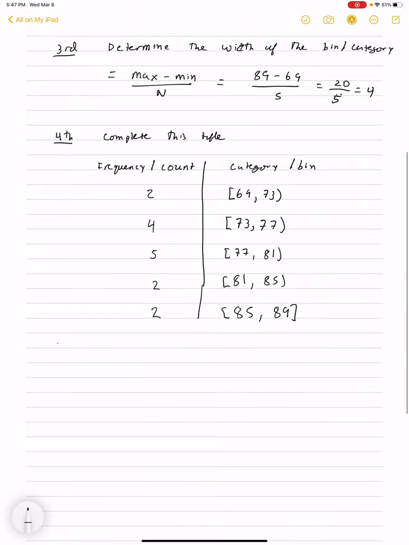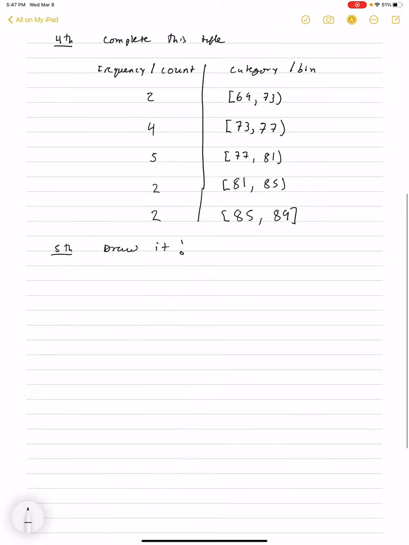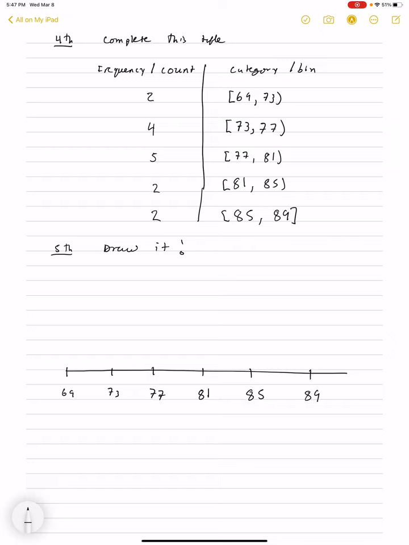Now my last step is to draw it. So here's going to be the x-axis. The lowest value is 69, then the next tick is going to be 73, then 77, then 81, then 85, then 89. Okay, so for the first category, there's 2 observations.